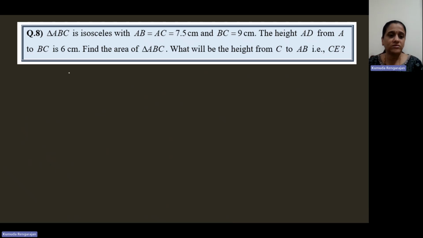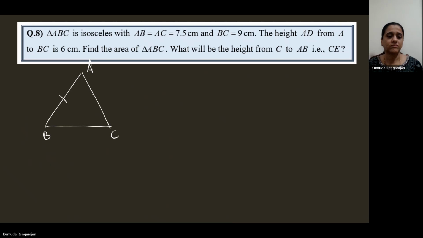Triangle ABC is isosceles with AB equal to AC, 7.5 centimeters. BC is 9 centimeters, so that means the base is larger.